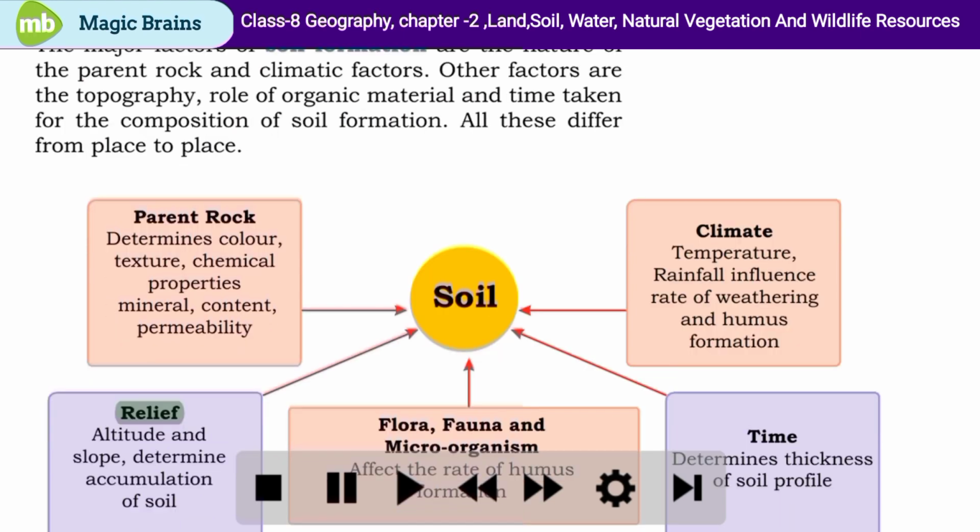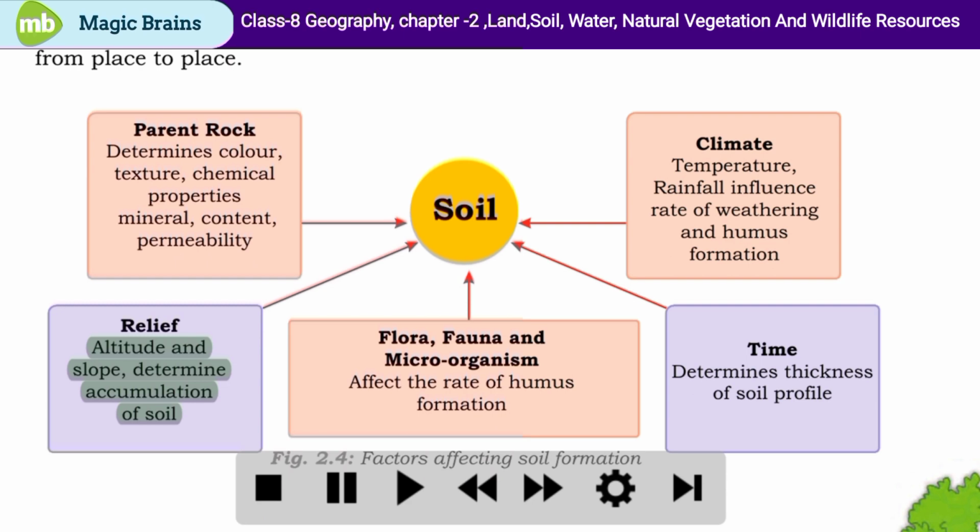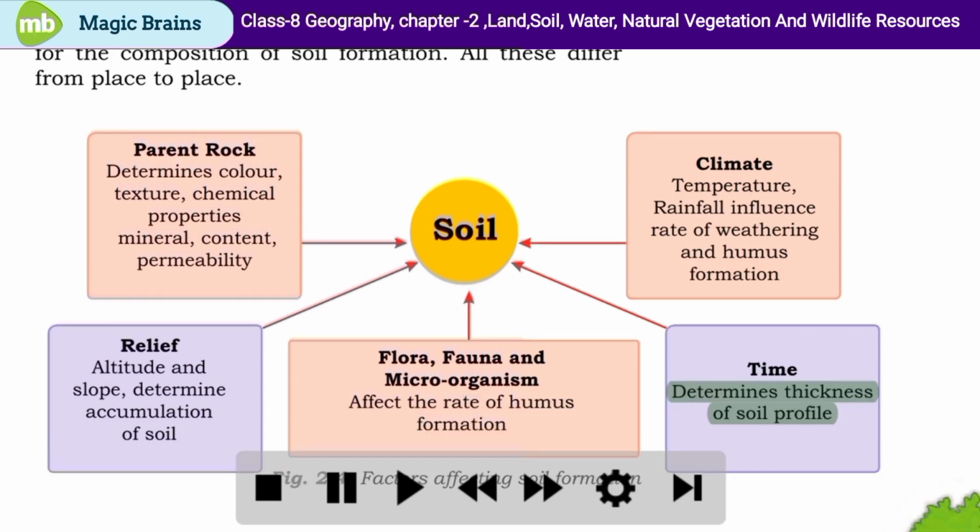Third, relief: altitude and slope determine accumulation of soil. Fourth, flora, fauna and microorganisms affect the rate of humus formation. Fifth, time determines thickness of soil profile. In the end, all these factors affect soil formation and soil is formed.